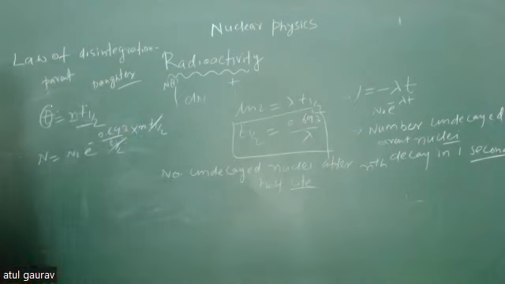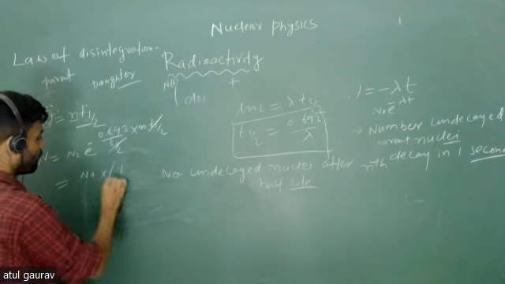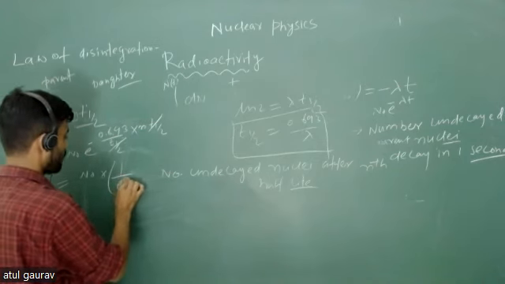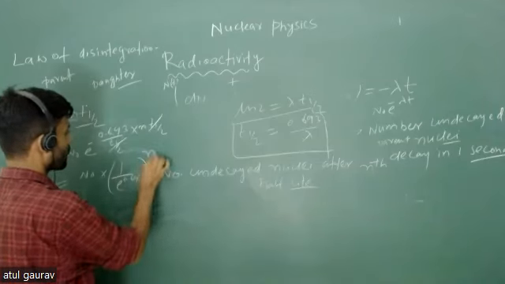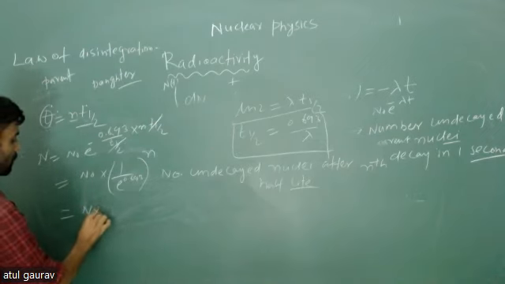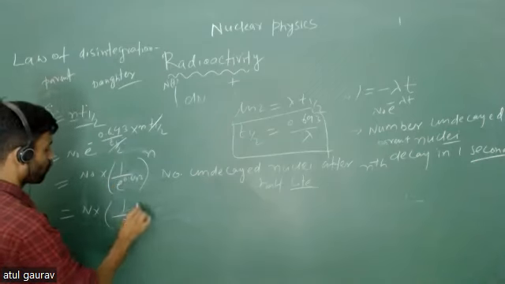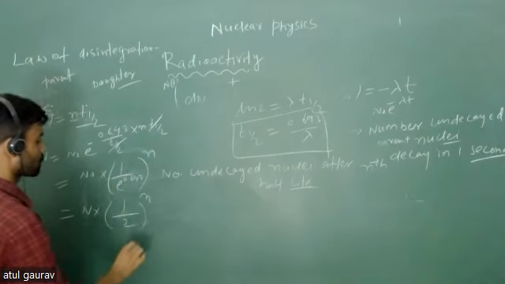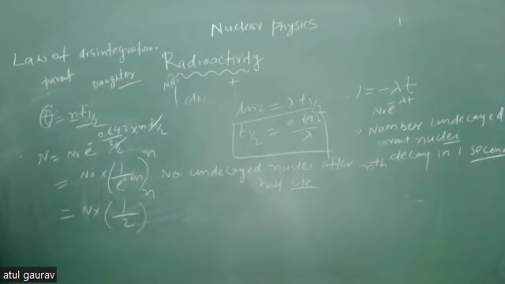T half will be cancelled and it will be N naught into 1 by exponential 0.693 to the power n. If you substitute this numerical value, exponential 0.693 is nothing but 2. Did you get it? Is it clear? So this should be N naught, please write it N naught.